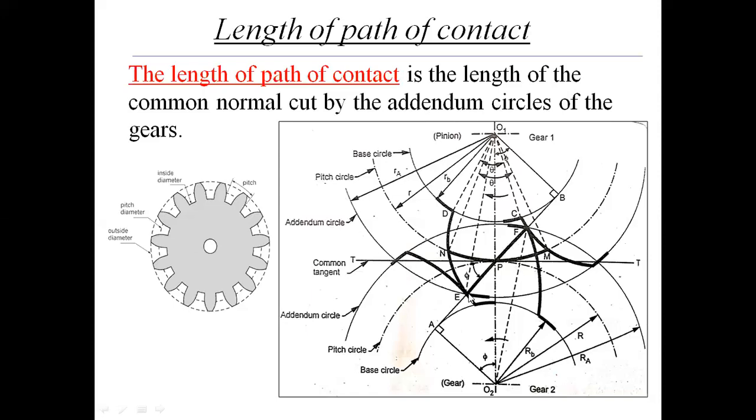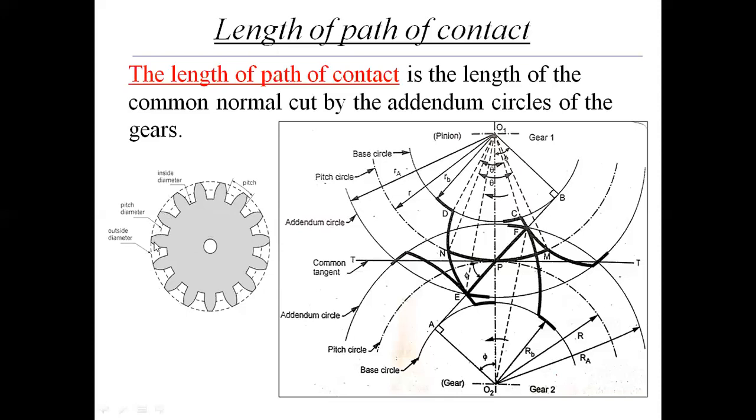This is the addendum circle of the pinion. See, all the gears have basic three circles. In this figure, we can see the inside diameter, that is nothing but the base circle. The outside diameter is the addendum circle.